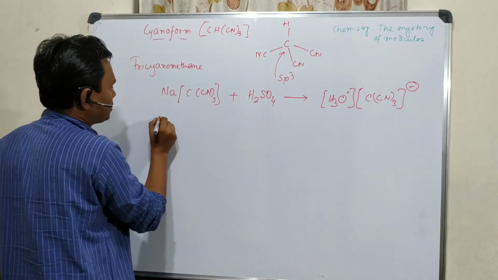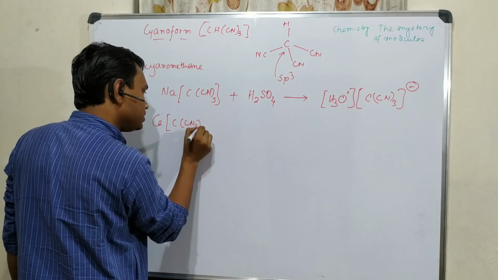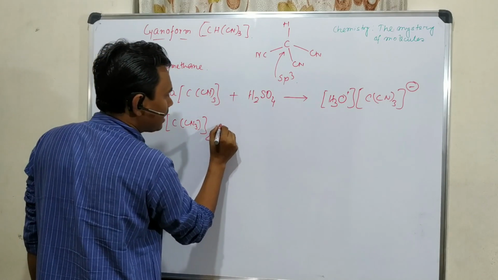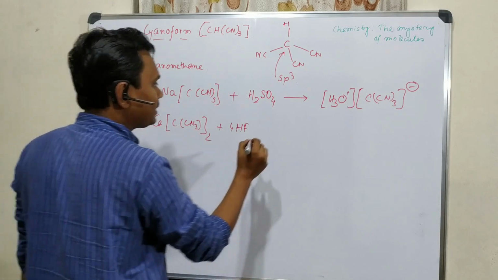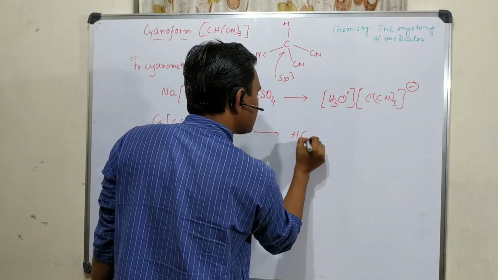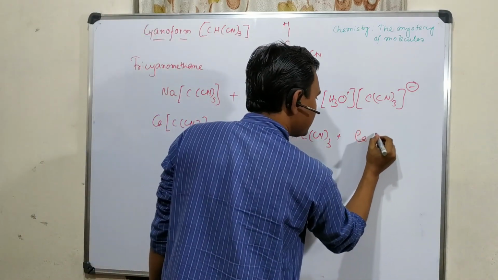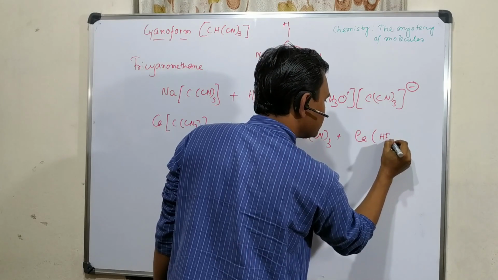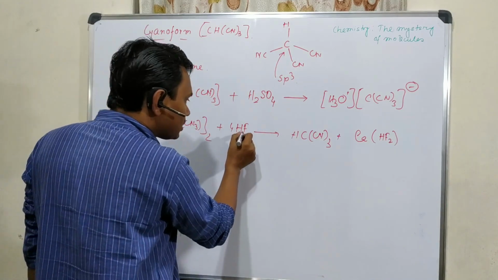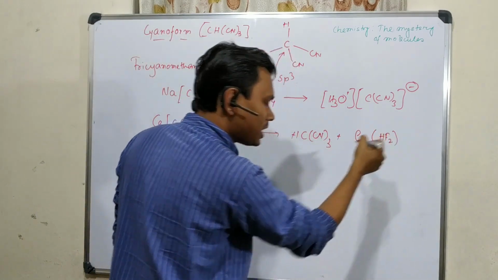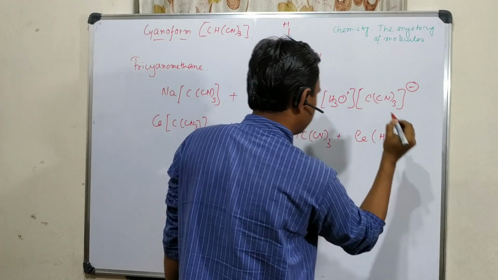For that, people have taken calcium tricyanomethanide, and treated it with HF, more precisely 4 HF, to get cyanoform plus calcium bifluoride, Ca(HF2)2. This is very interesting; I'll later explain why HF produces this HF2 type of anion, whether it is because of hydrogen bonding.